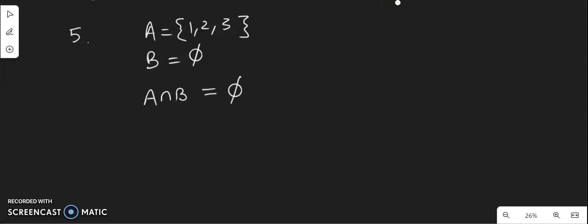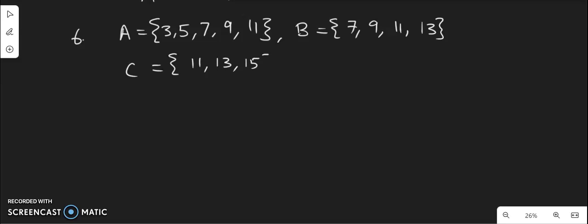Let's see some more examples. I'm going to take three sets A, B, and C, and check how exactly different intersections between A, B, and C work. In fact, I'll take four sets. So let's see, I have been given a set A which has certain elements: 3, 5, 7, 9, and 11.